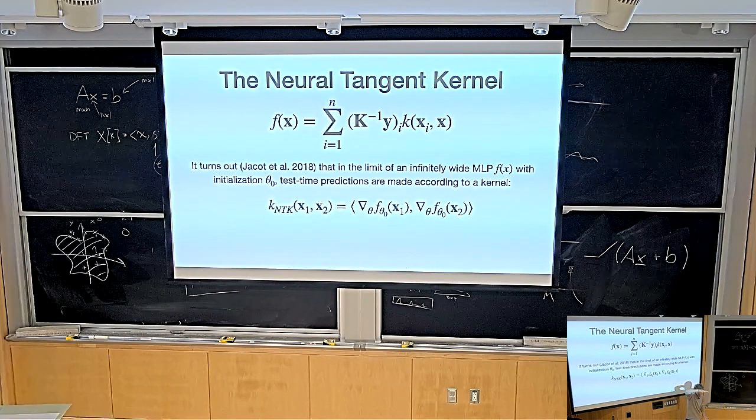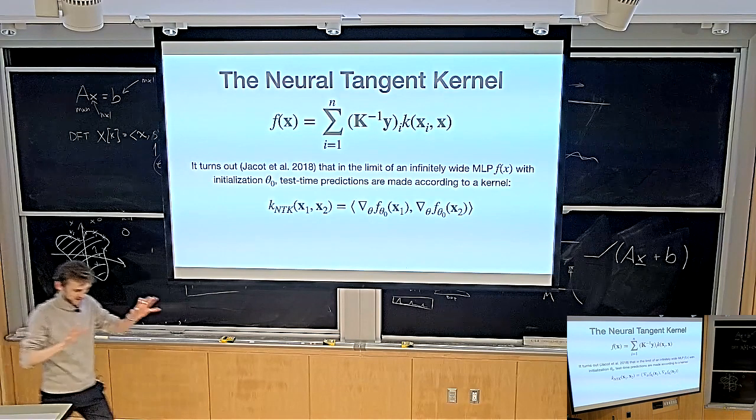So let's say the neural network has 1 million parameters. Then this would be the gradient of the neural network with respect to these parameters. So it would be a 1 million dimensional vector, for instance, if your neural network has 1 million parameters. At the input coordinate x1, dot product with the same vector evaluated at input coordinate x2.